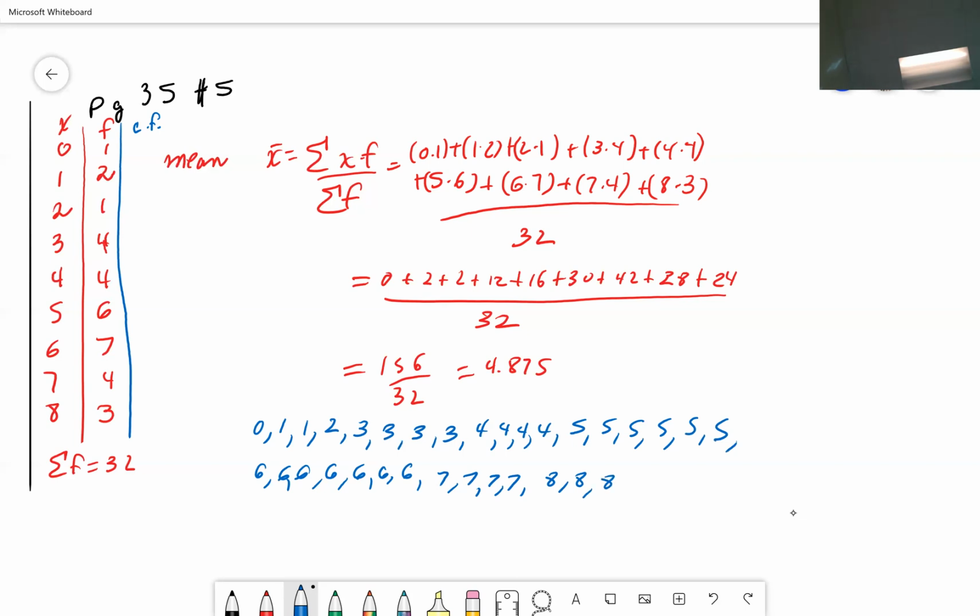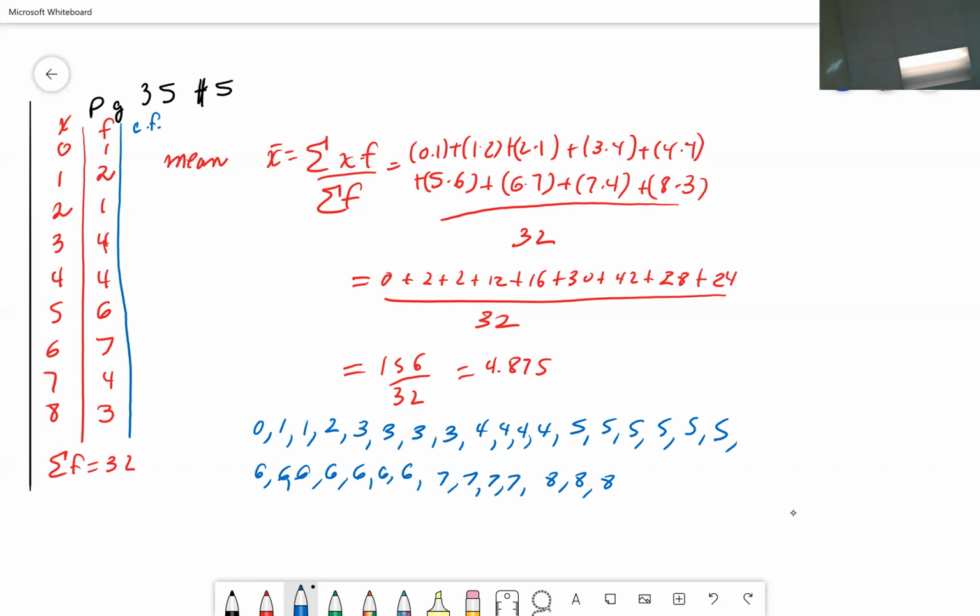And let's count: 1, 2, 3, up to 32. What's half of 32?